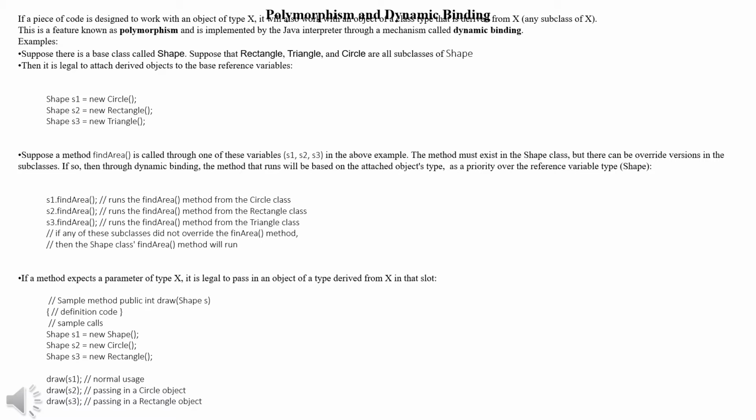Okay, so now you know that we have inheritance. In inheritance there is a class, and that class has methods and variables.